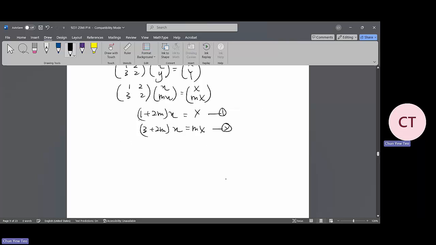Take equation 1 divided by 2, or 2 divided by 1, that is up to you. So I will just take the first equation divided by equation number 2. Cancel the x. Then you get m plus 2m squared equal to 3 plus 2m.